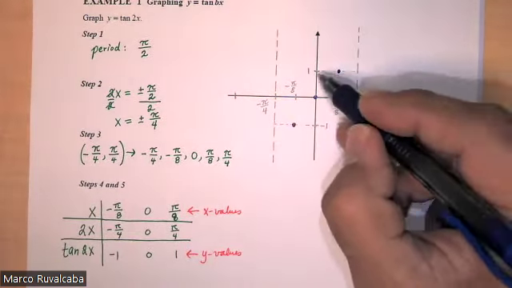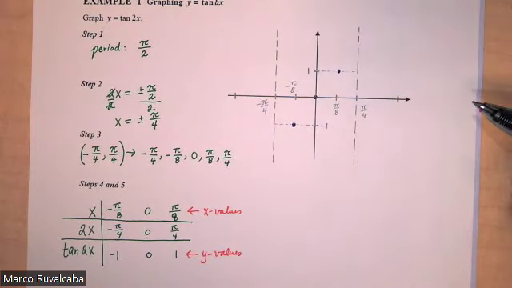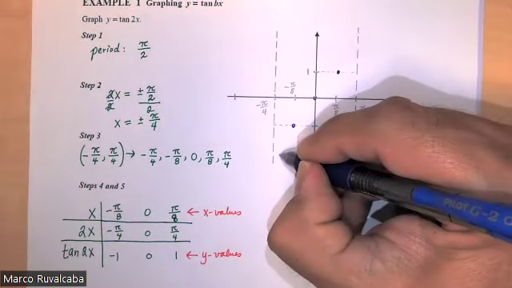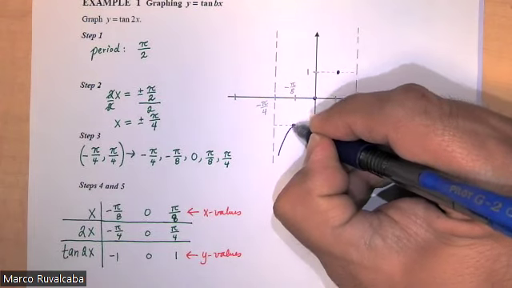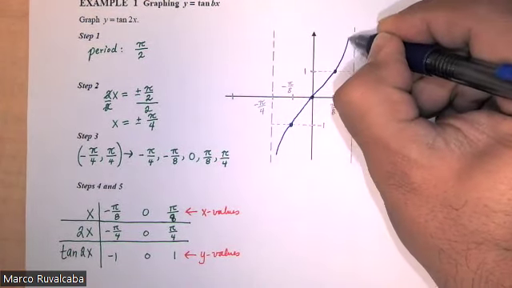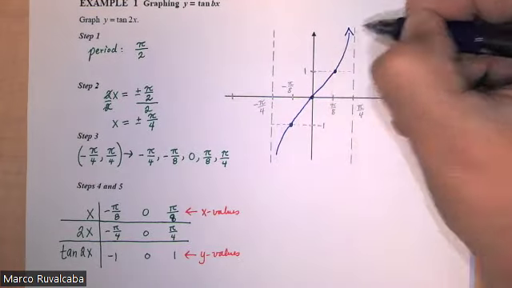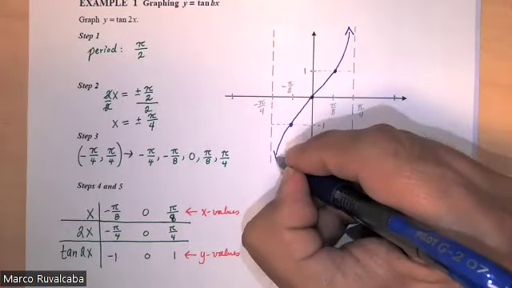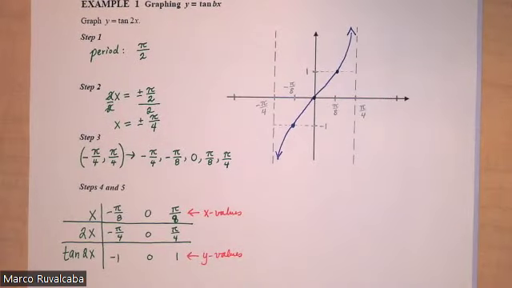That's why I drew the 1 and the negative 1 with the dotted mark there. But now you connect it with a smooth curve, as smooth as you can. And this is our first graph, the tangent of 2x.